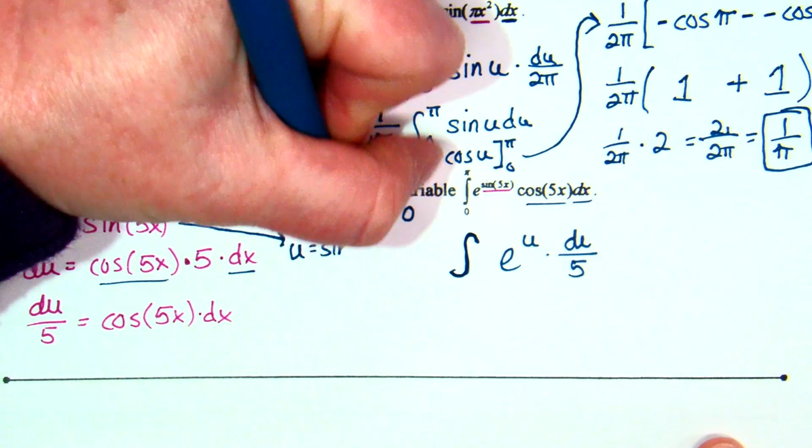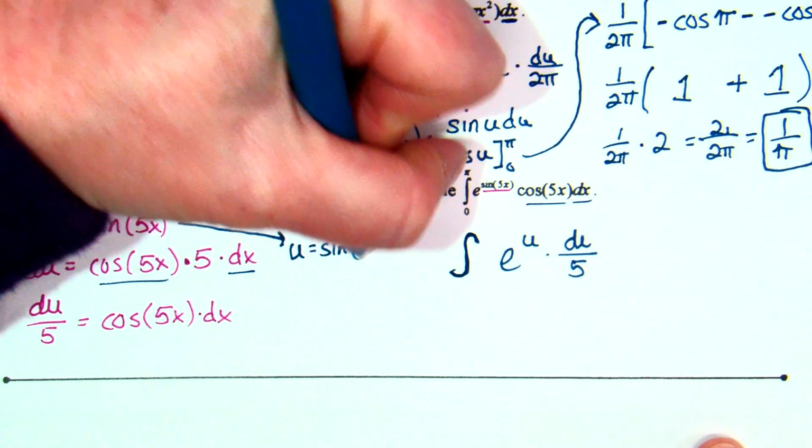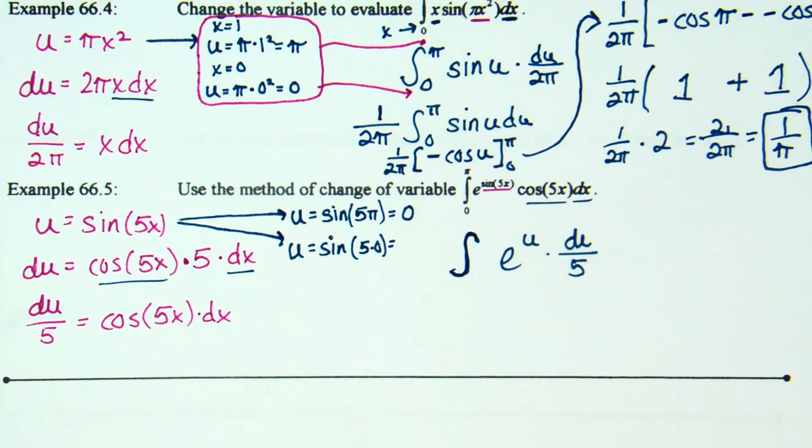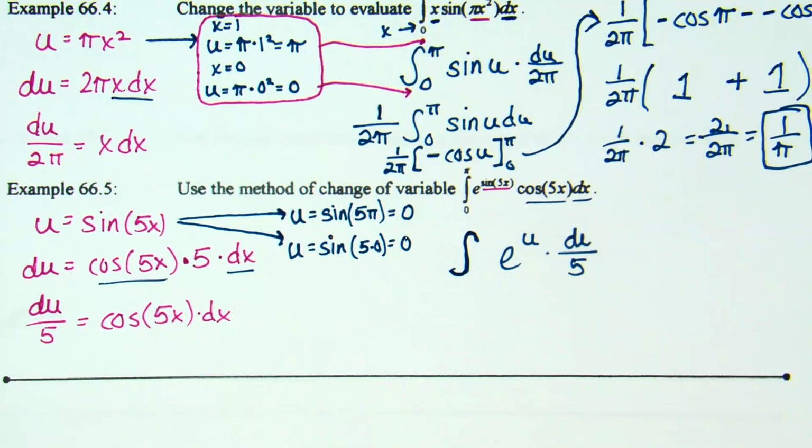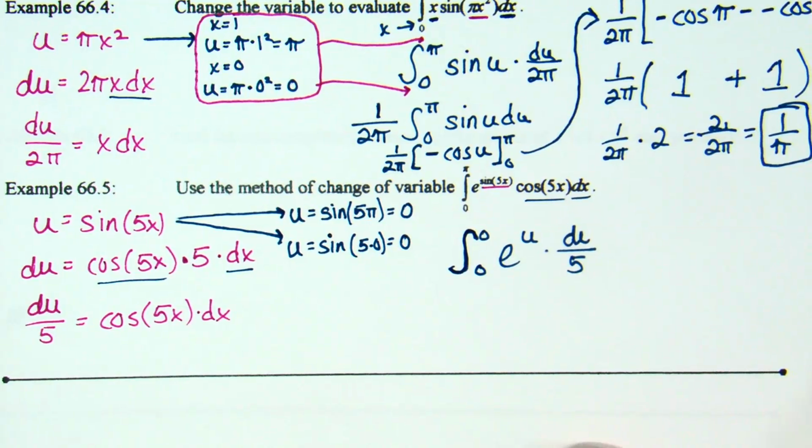Well, okay, so officially, if I rewrite this neatly, not that you'd have to because we're pretty much done at this point, this 5 out here can go out front and we can say it's 1/5 times the integral from 0 to 0 of e to the u du. You can integrate all you want, but here's the deal. When the boundaries are the same, that was one of our properties.